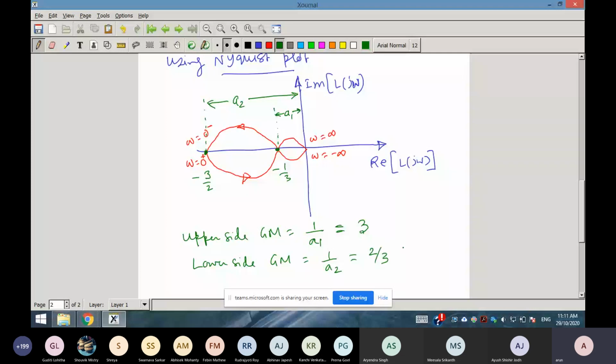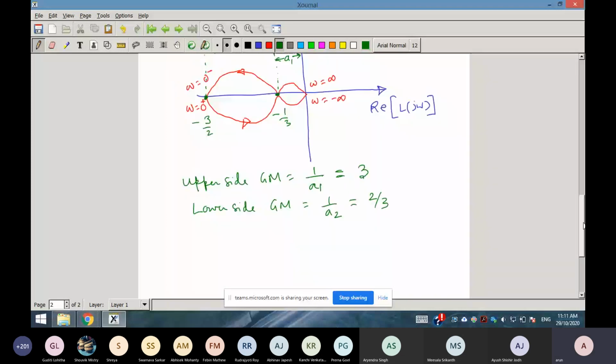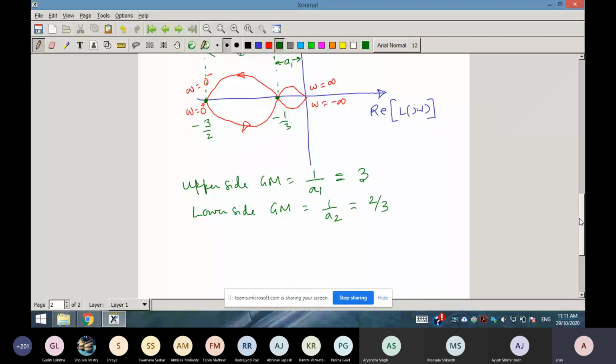One important thing is that the phase margin is always the same, since the Nyquist plot is always symmetric with respect to x and y axis. So lower side gain margin and upper side gain margin exist, but plus minus phase that has to be inserted into the loop so that the closed loop system becomes unstable will remain the same.